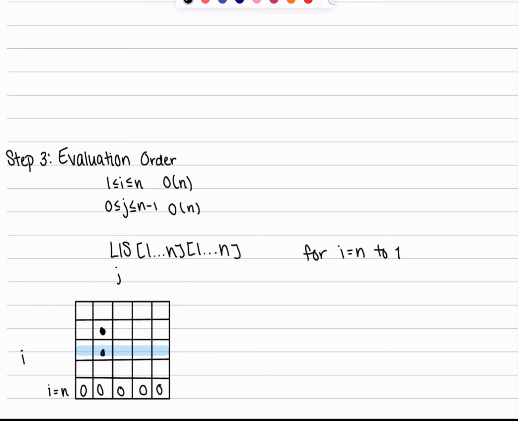So it doesn't actually matter in which order I fill out j, because i is the only one that's really dependent. j depends on the previous row, but i depends on itself. So for j, just for simplicity's sake, I'm going to keep it in the same direction, but you can do it in the reverse direction also. So j from n to 1. And that's how we do it.